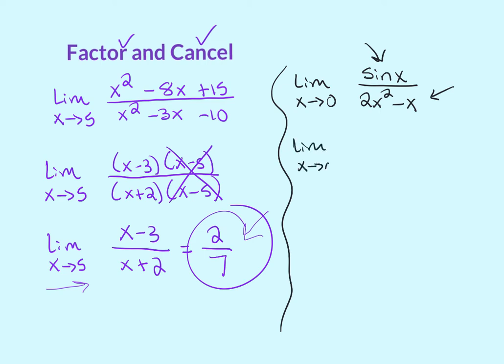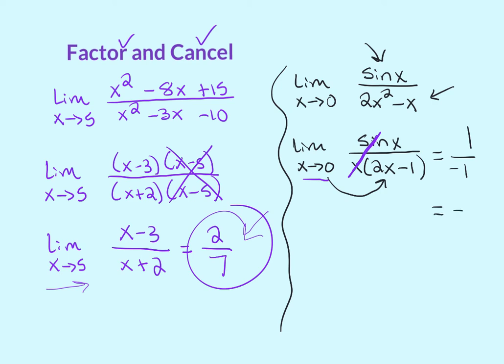Limit as x approaches 0 of sine x over, factor an x out, so 2x minus 1. Well, the limit as x approaches 0 of sine x over x, that is 1. And if I plug in 0 to what is remaining, 2 times 0 minus 1 is negative 1. So then the limit is equal to negative 1.